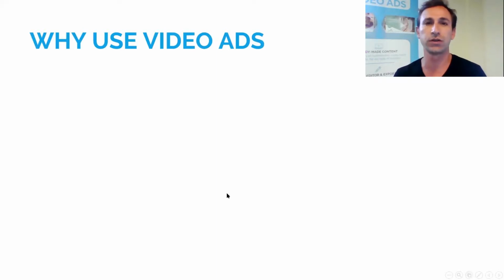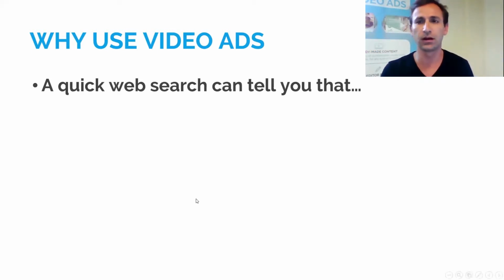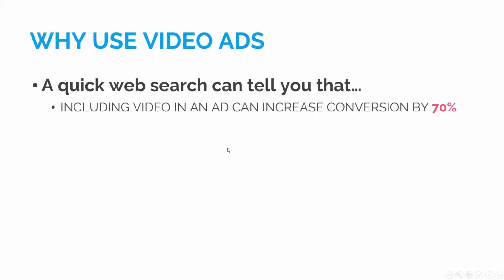So why should we use video ads? Why are video ads such an effective way of advertising? If you search YouTube, Google, or any search engine for why video advertising works better, you will find a lot of information.